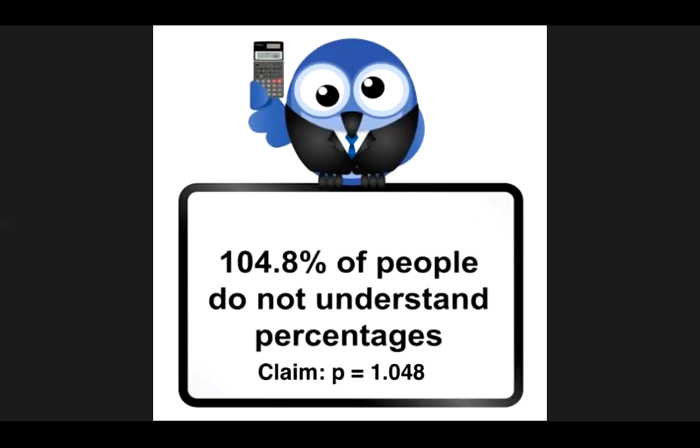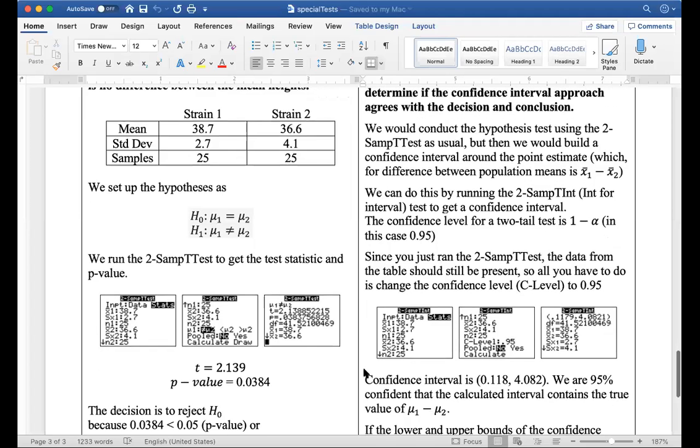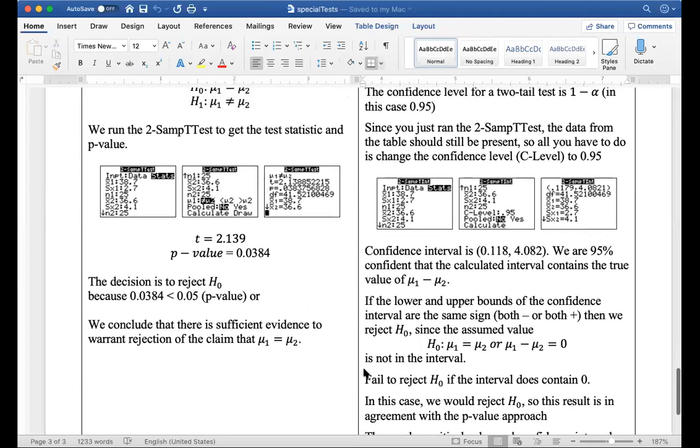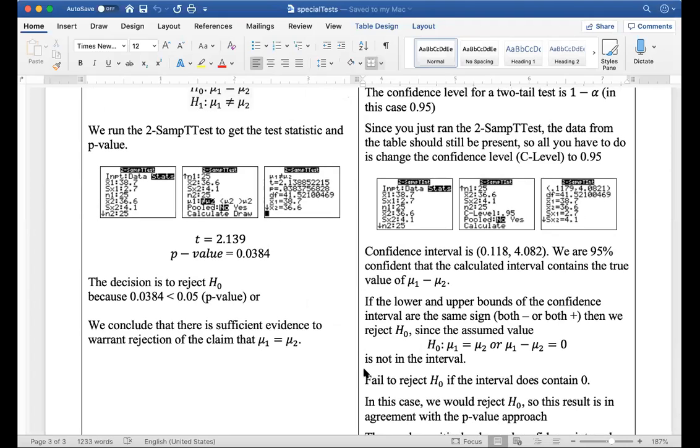And let's stop sharing here and go back to the document. And since the p-value is less than alpha, we're going to reject H0. And since the claim included equality, we're going to conclude there is sufficient evidence to warrant rejection of the claim that the two population means are equal.